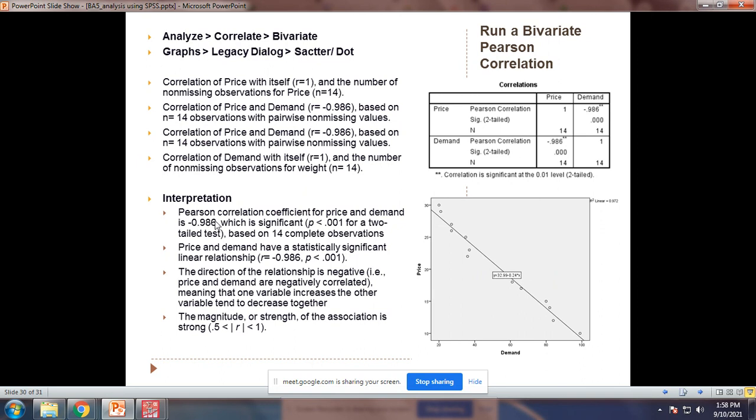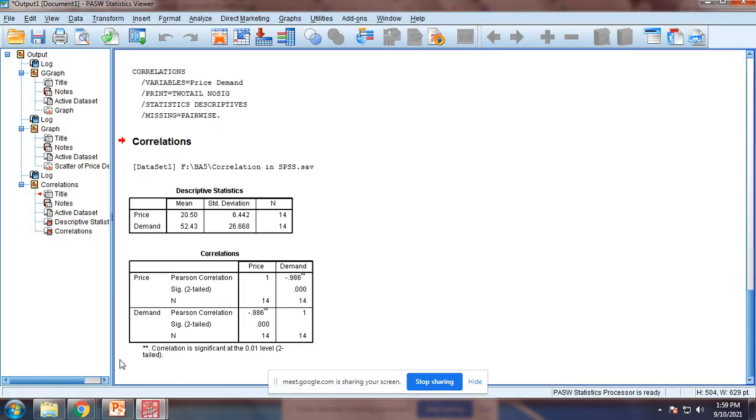So your interpretation, you will write it as: the Pearson correlation coefficient for price and demand is whatever value you have got over here, minus 0.986, which is significant. Now, at what level is it significant? You see two stars over here, in this particular box.